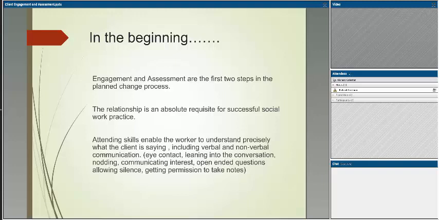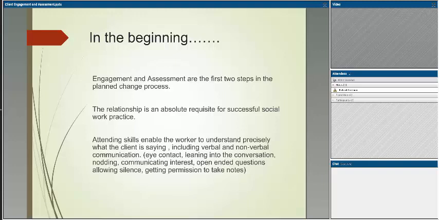Also, which can be very difficult for newer social workers, is allowing silence. Sometimes you have to sit and let a client ponder and get in touch with their feelings. That might be uncomfortable because you might feel like, I don't know what I need to say next. Oftentimes it's about waiting for that silence and allowing the client to compose themselves.